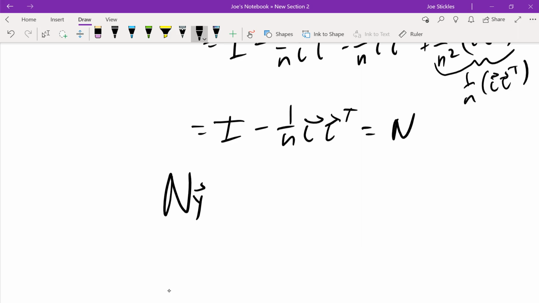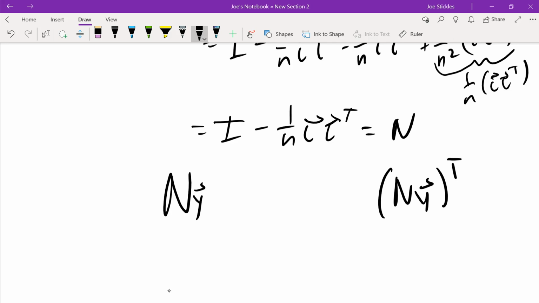If I do this one, do transpose on the other side, instead of getting a column vector that's full of the deviations, let me write it this way. The ny gives you a column vector that's full of the deviations.